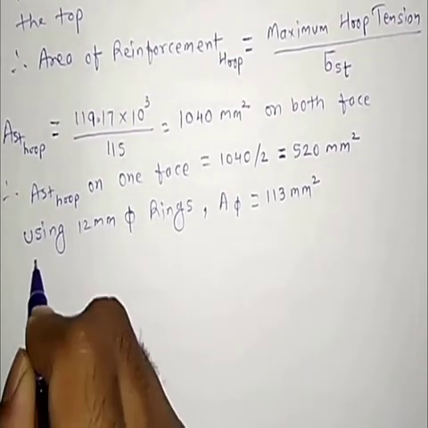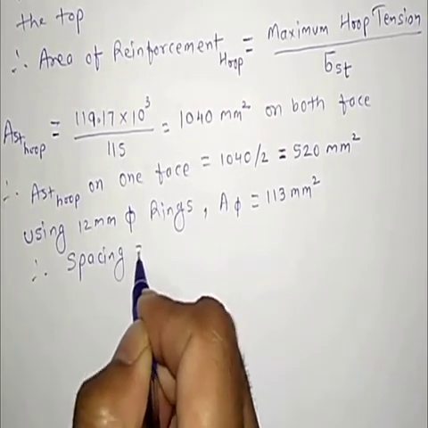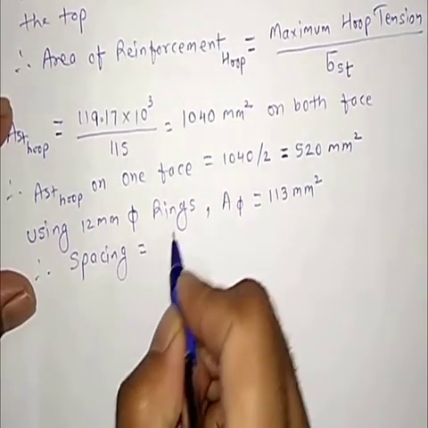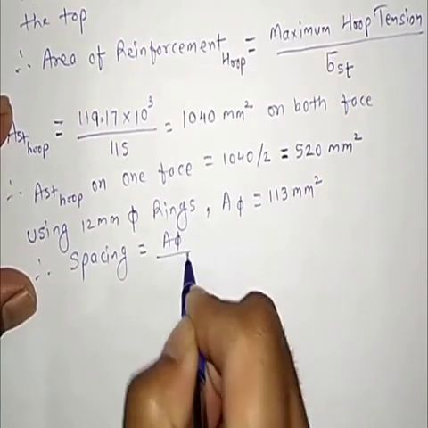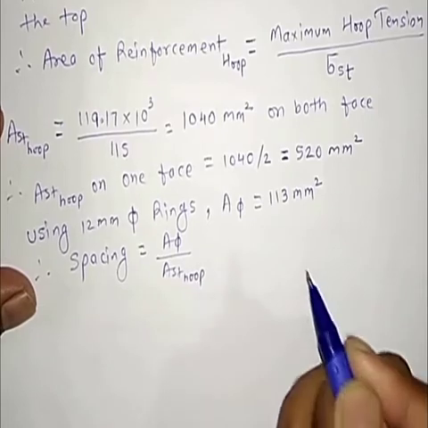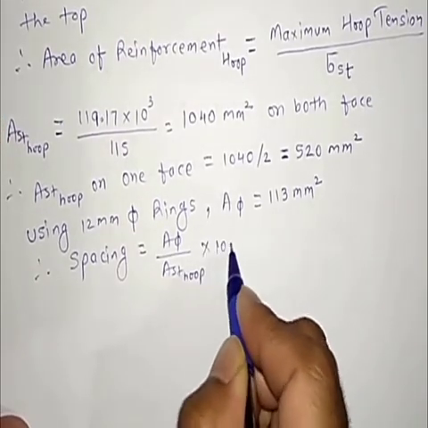So now we can write down, spacing would be equals to area of 1 bar divided by AST hoop, multiplied by 1000.